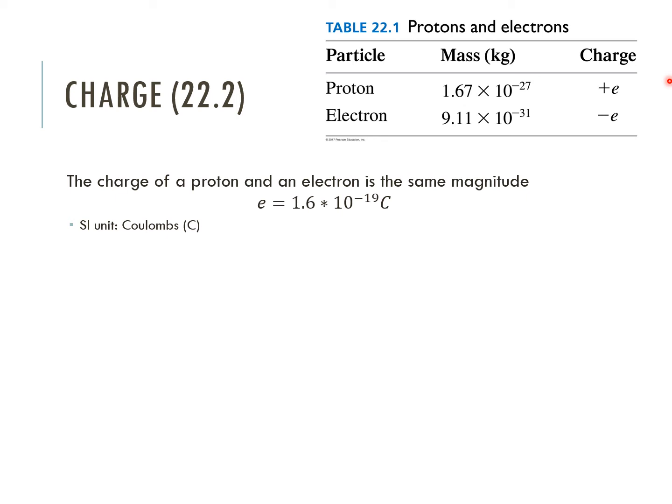Now, something you will see throughout the textbook is that a lot of the times when discussing a proton, a positive sign is still going to be used in front of the e for the charge. This way it just confirms that yes, this is a positive number. Negative electrons will always have the negative sign in front of it.